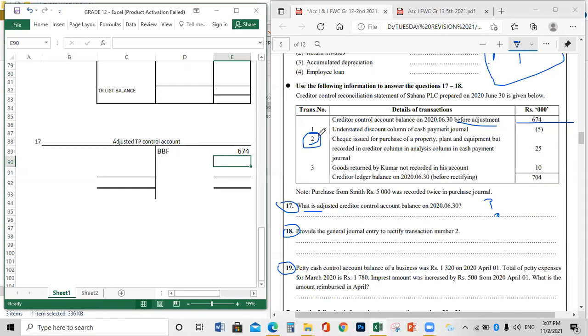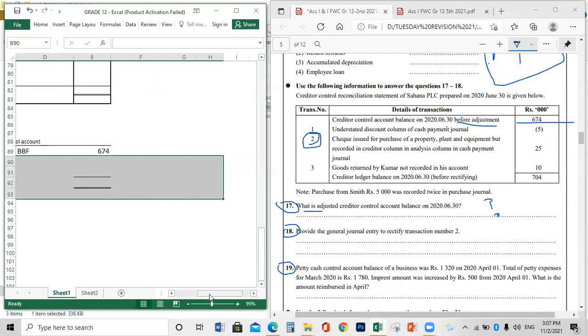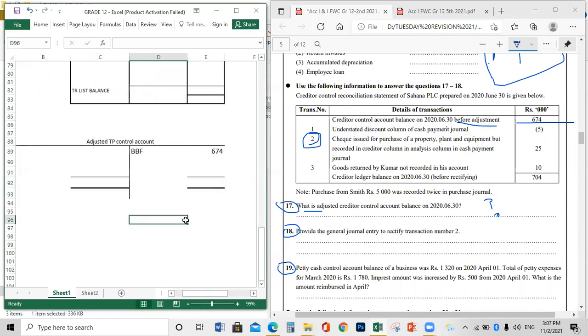Now, guys, we should check whether the errors are affecting it. If they are, you have to do the correction. See the first one: understated discount column of the cash payment journal. In the cash payment journal, you have discount received. You have understated your discount received by 5,000.